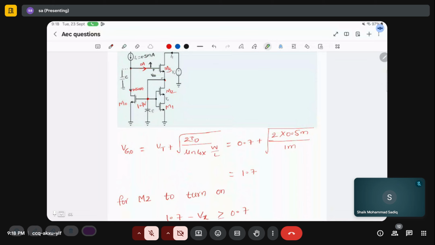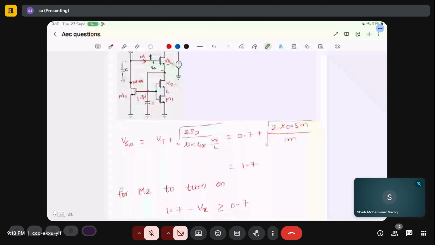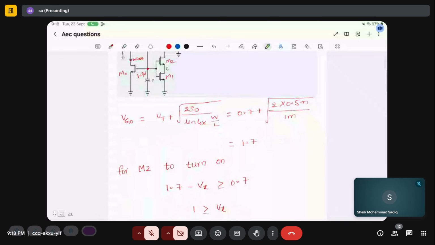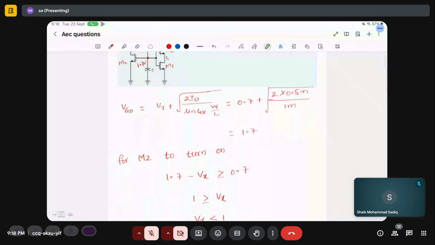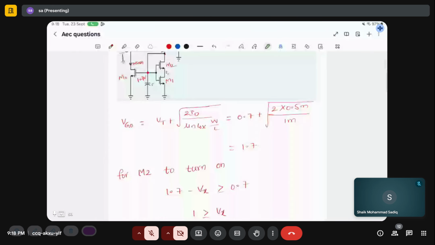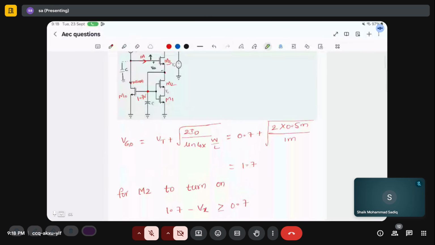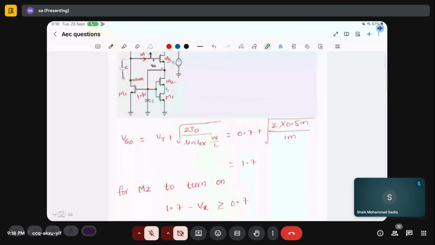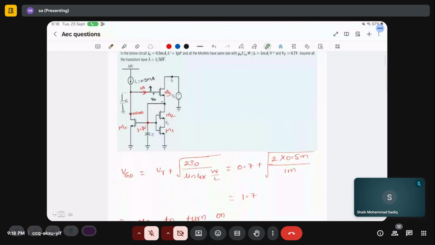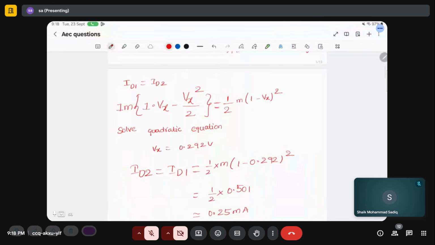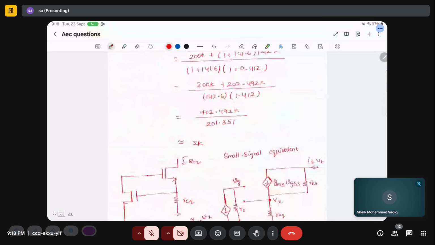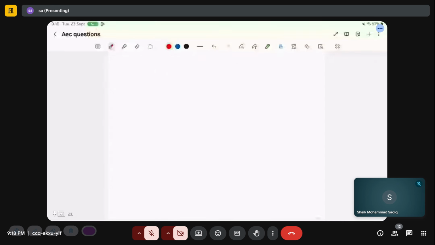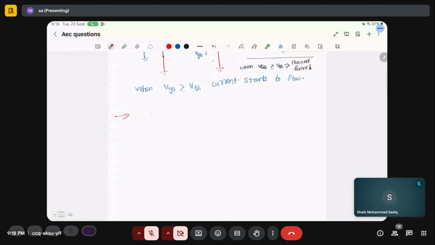For it to be in saturation, there are two conditions.